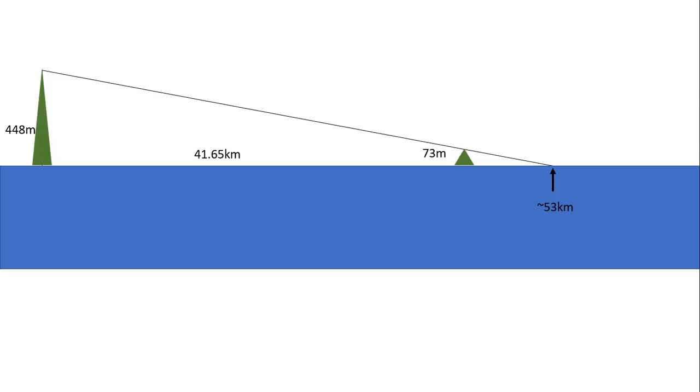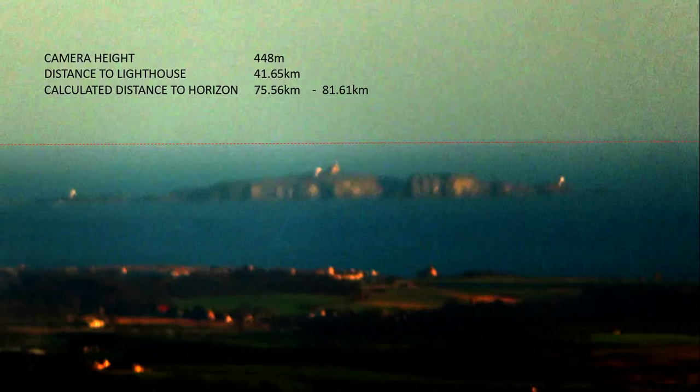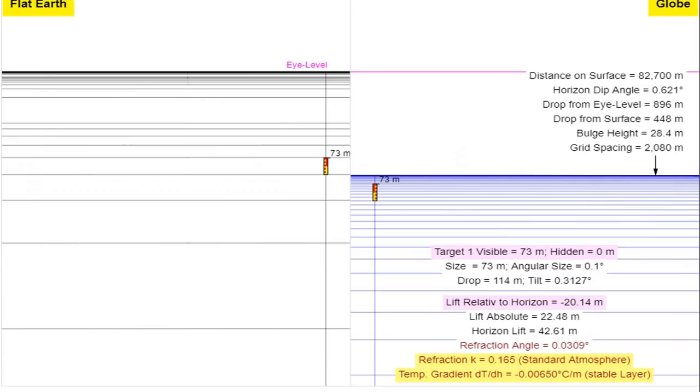But does this observation match what we should see on a spherical Earth? Well, once again, if we put the figures into Walter Bislin's curvature calculator, we come up with this. For a spherical Earth, we should now be seeing the top of the tower below the horizon. Because we have increased our elevation and not greatly increased our distance, the observation changes and we should see the horizon above the tower.